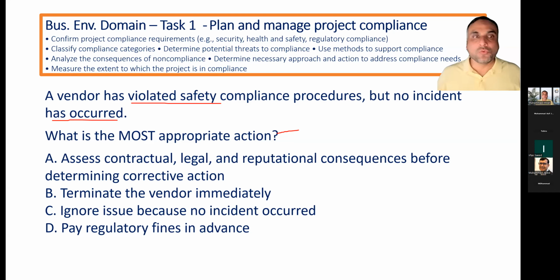You need to check the contract, what is written in the contract or its clauses, that in case of breach of contract, what will be done, because it's clearly breach of contract. So what will be done, how it will be treated, you have to read that criteria first. And you cannot terminate it if terminate is not written there.